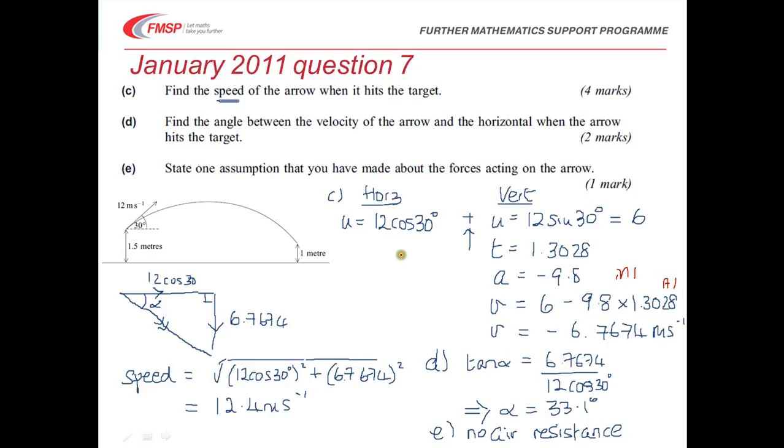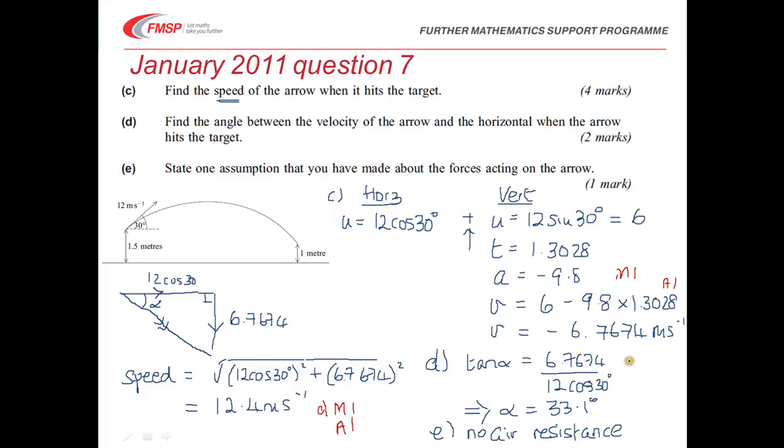And you then got a method mark and an accuracy mark here for using Pythagoras' theorem to find that the speed was 12.4 meters per second. So those were the 4 marks for that.